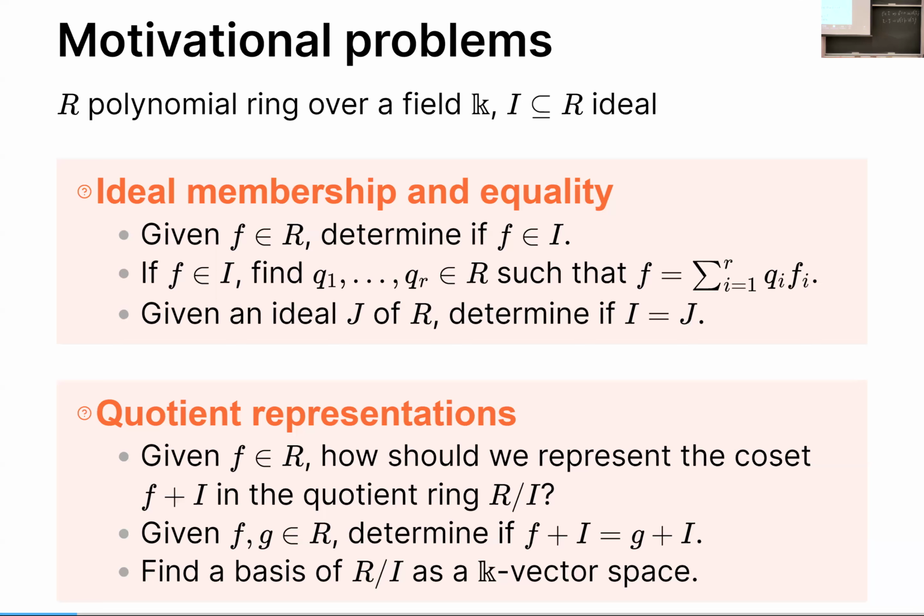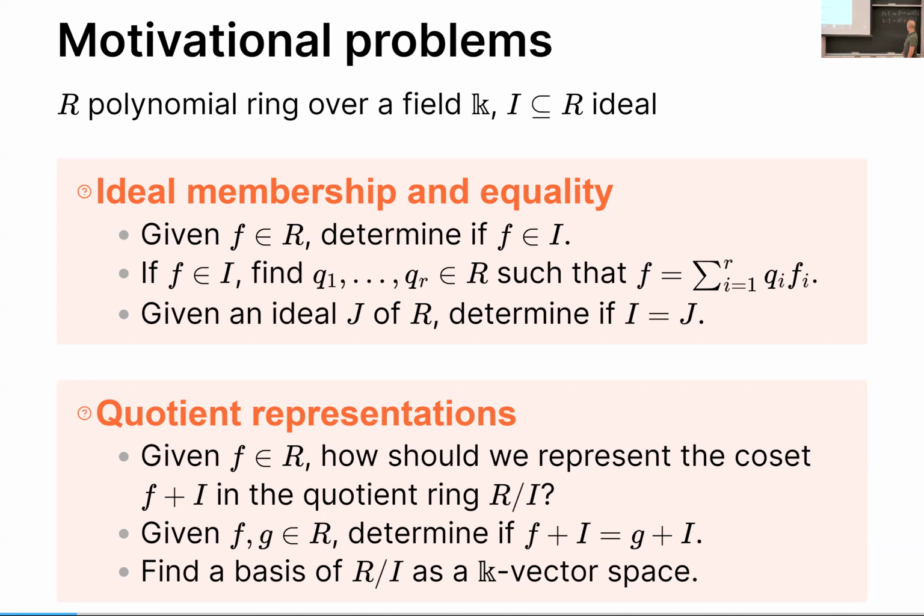All right, great. So I have another set of motivating problems, and I call this quotient representations. If you have your polynomial f in your ring, you might want to work in the quotient R mod I, because again, we already heard these quotients are coordinate rings of varieties. So we want to study those. Well, how should we represent the coset of f inside this quotient, right?